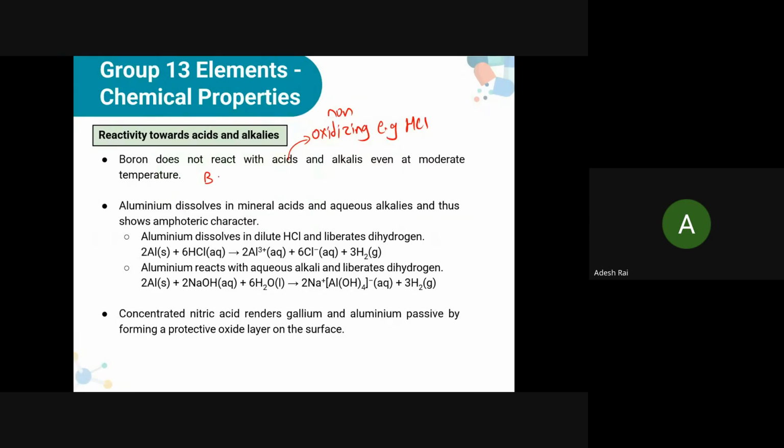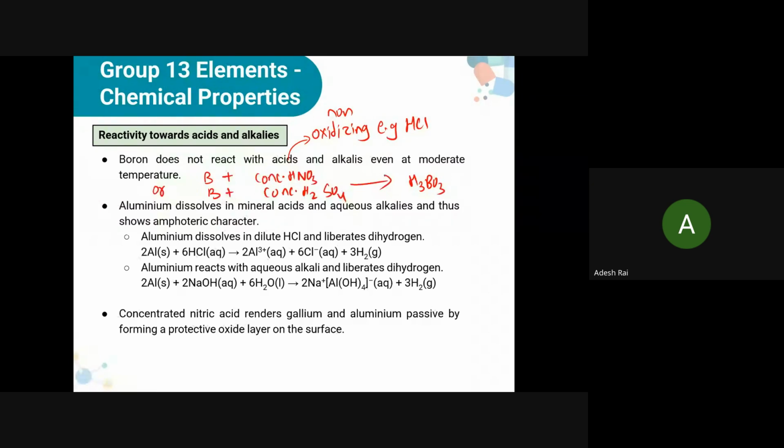So what are oxidizing acids? Boron plus concentrated HNO3, or boron plus concentrated H2SO4. HNO3 and H2SO4 are oxidizing acids, so they will react with boron, and the product formed is H3BO3.